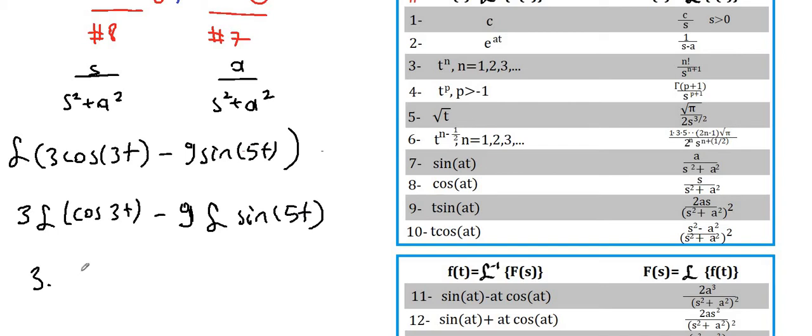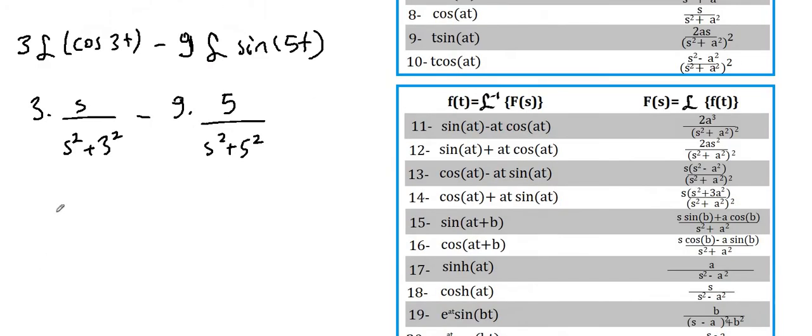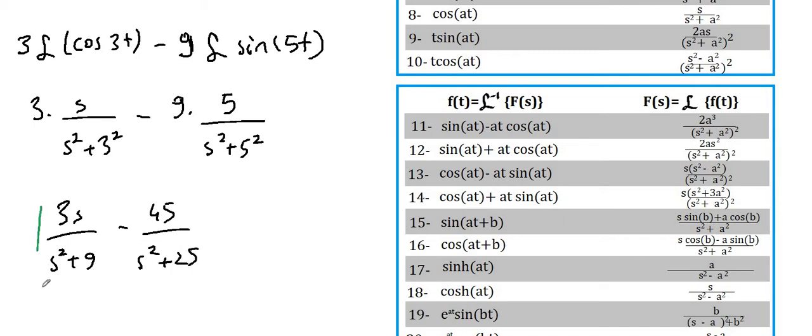That's 3 times s over s squared plus 3 squared, minus 9 times a over s squared plus a squared, where a is 5. Now we can simplify. So 3s over s squared plus 9 minus 45 over s squared plus 25. So this is the Laplace of the given problem.